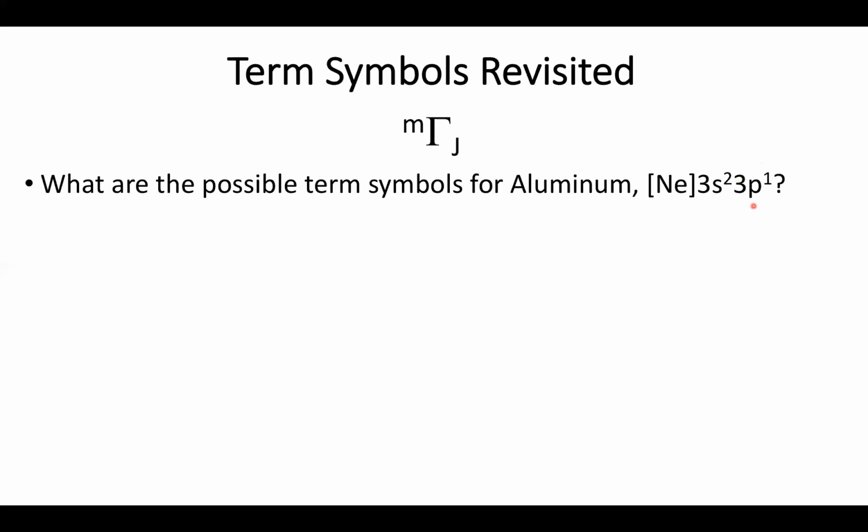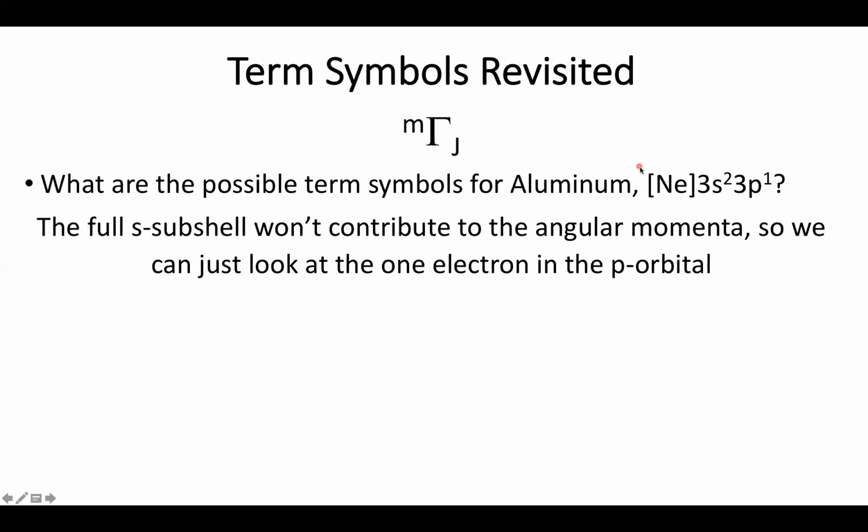So we can ignore our full s subshell and the core electrons like we did before. And so for our purposes, all we have is one electron in a p orbital, which again makes our total orbital angular momentum fairly easy to deal with, as it has to be 1. So this gives us a P state.